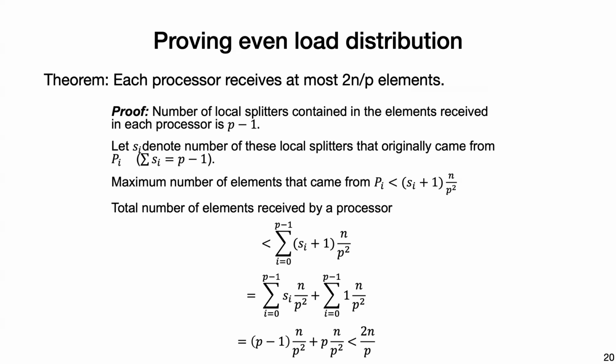And we said the summation of the S sub i is bounded above by p-1. So this whole thing is also bounded above by n over p. If you add them up, one is at most n over p and the other is exactly n over p, and so the whole thing is bounded above by 2n over p.